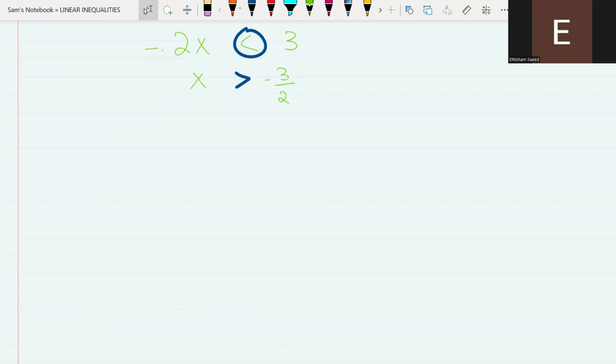Now we will be moving towards the next thing, that is linear equations and inequalities. For example, if I have to draw x equals 1, let me draw the graph first of all.